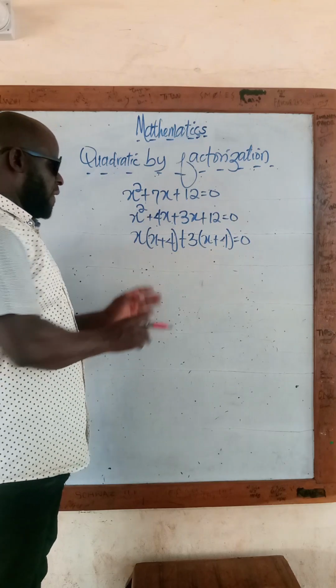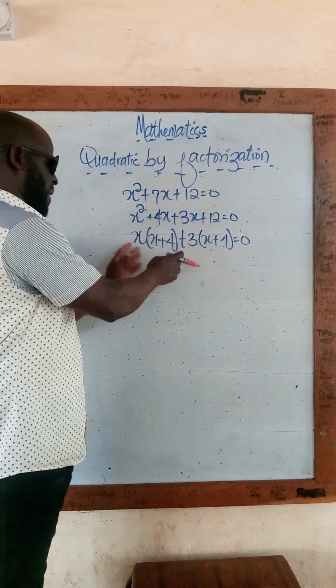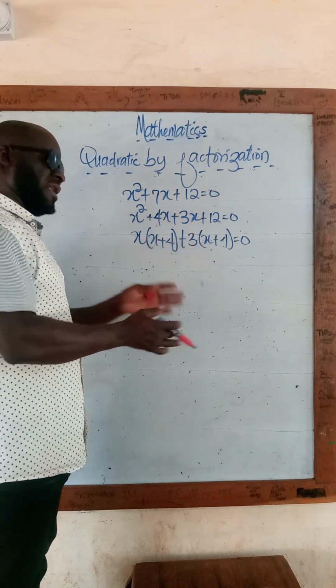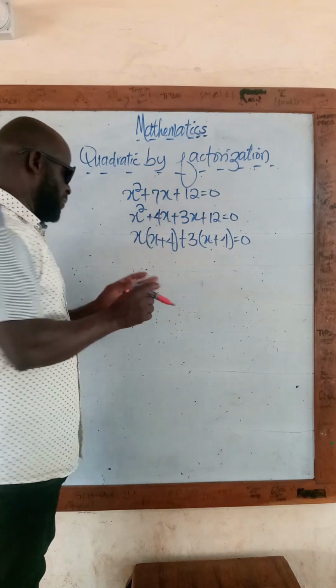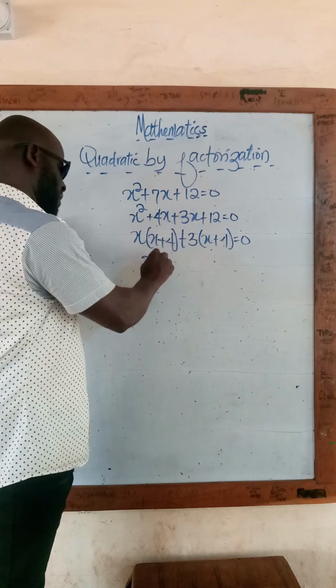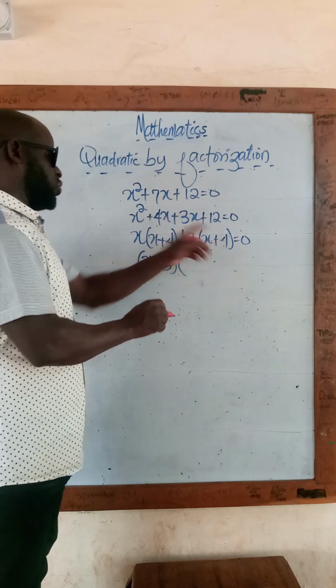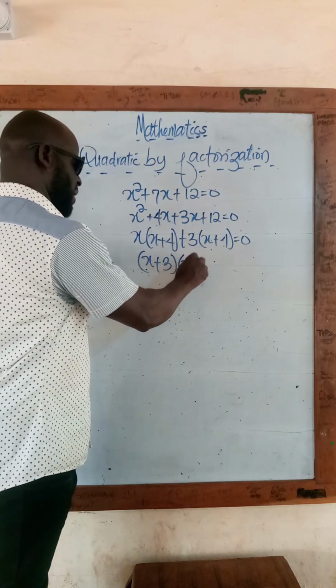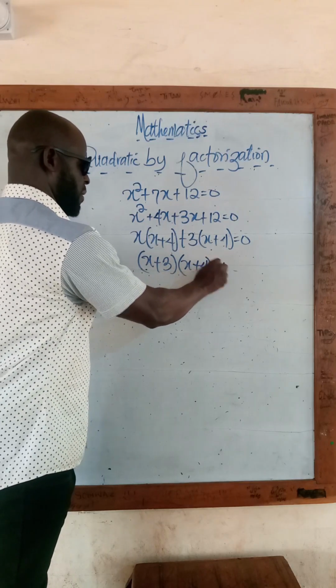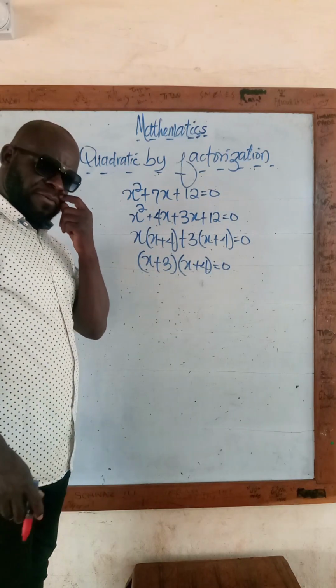So the two terms, the x and the 3 left outside, should have their own bracket. You have x plus 3, and then pick one of the two brackets since they are the same: x plus 4, equals 0.